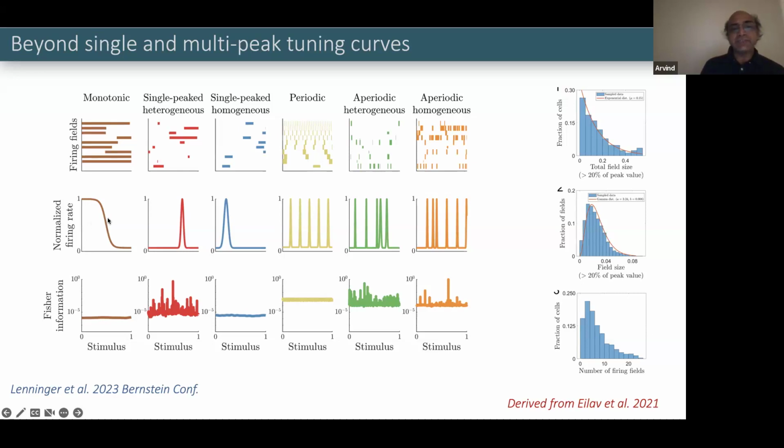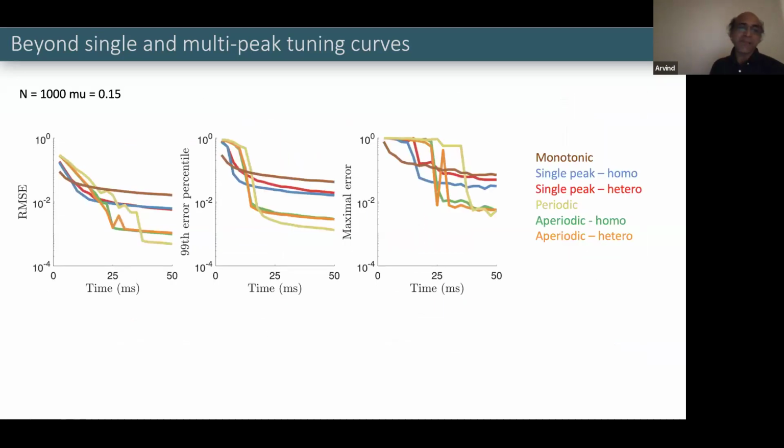So in each case, you can look at how the firing would look like and how is the Fisher information. But as I said, Fisher information is not really a good measure when we are looking into large errors. So we go back to our root mean square error and how much time you need to avoid threshold distortion.